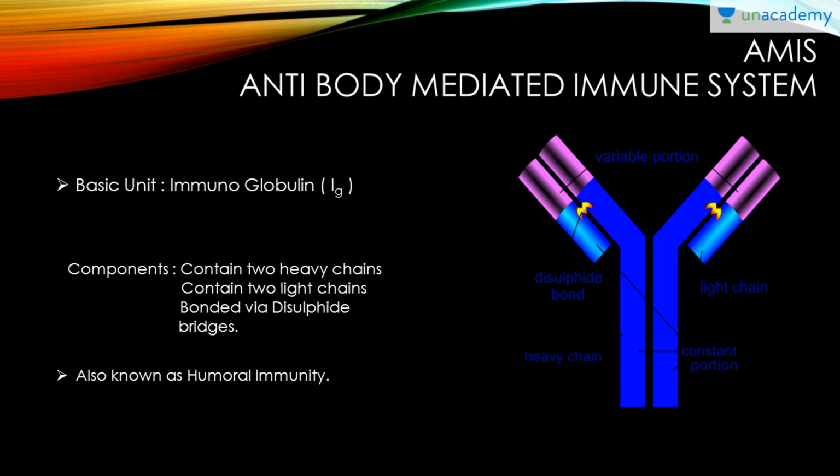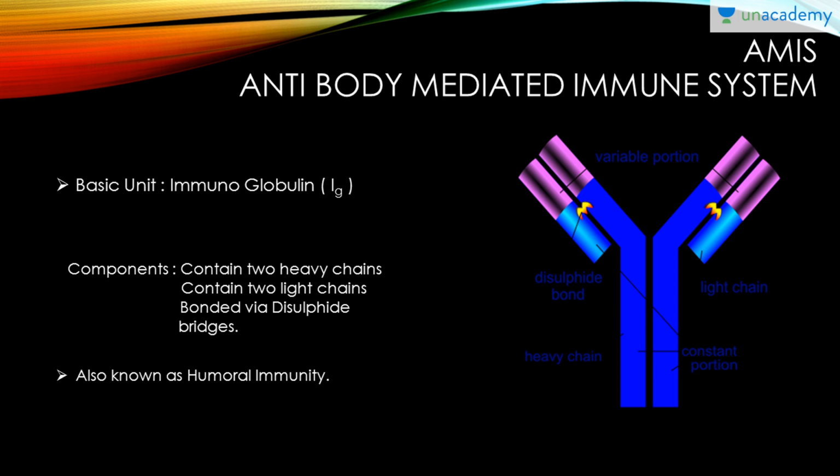Next we have the antibody mediated immune system. I told you regarding which elements are there. Obviously the B lymphocytes. The plasma cells, as I mentioned in the first slide, form immunoglobulins that become a part of the antibody mediated immune system. Regarding the diagram, stick to your NCERT textbook.